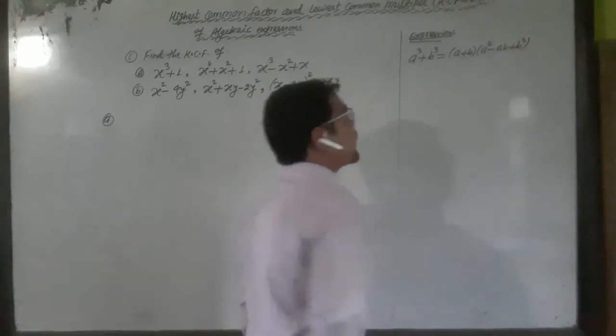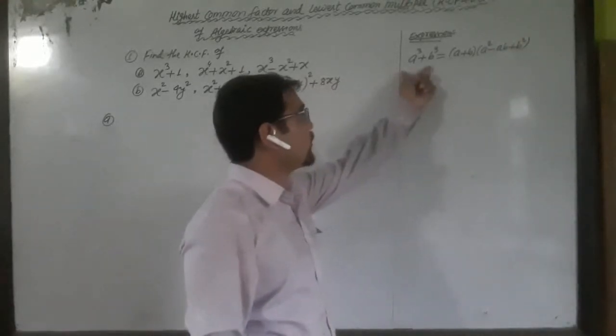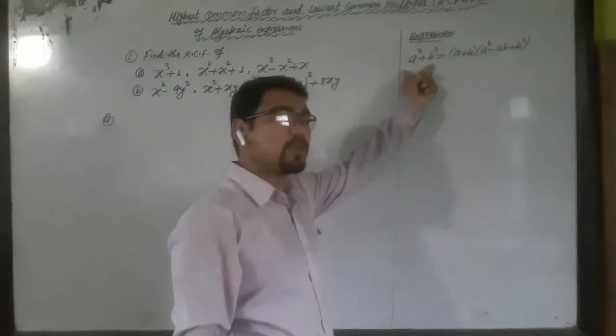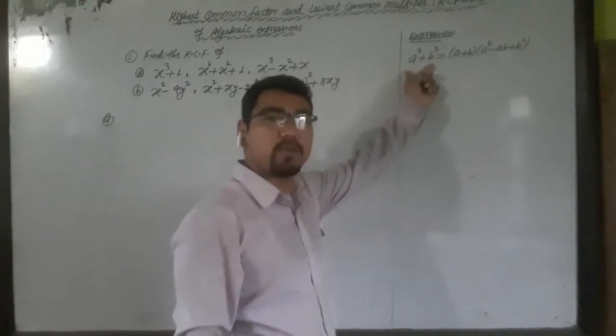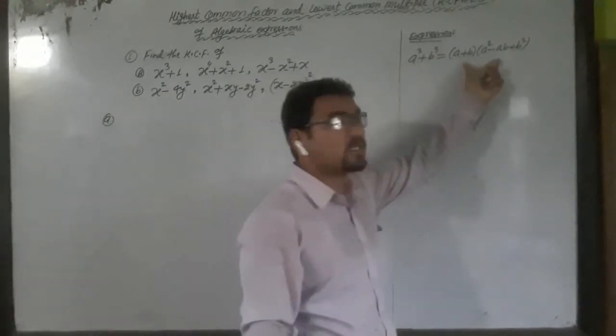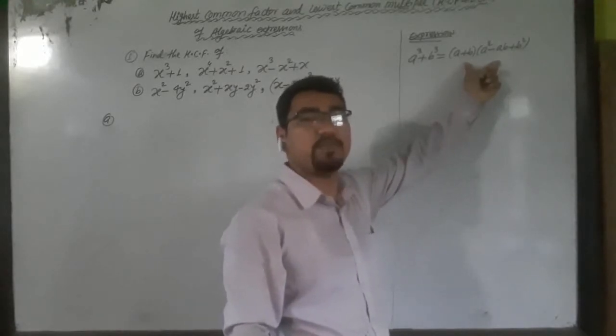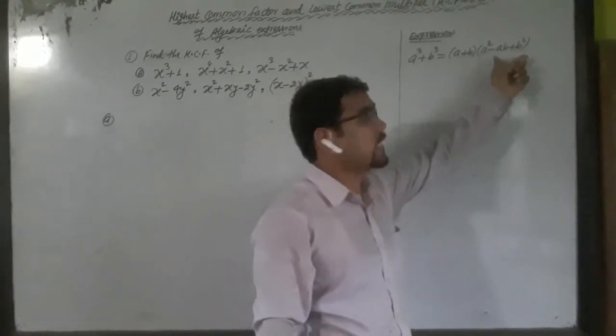So this is the factorization formula for a cube plus b cube: a plus b into a square minus ab plus b square.